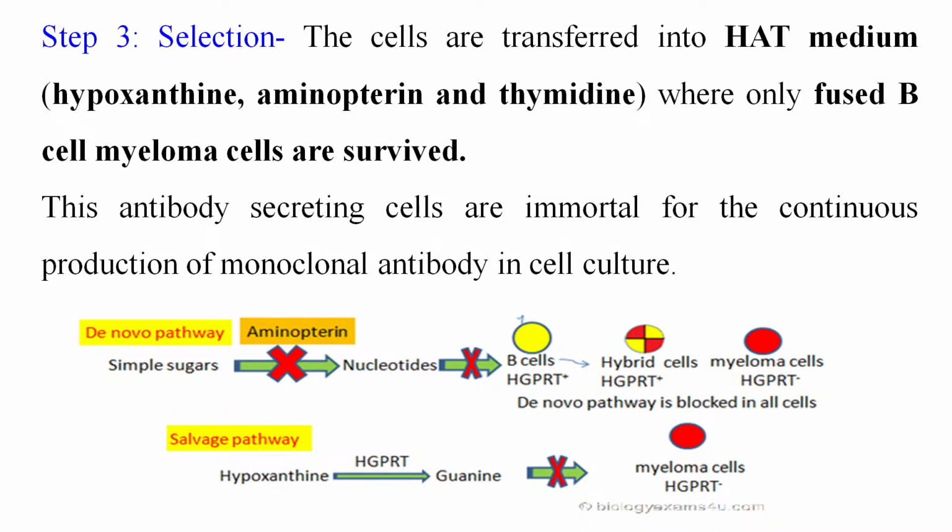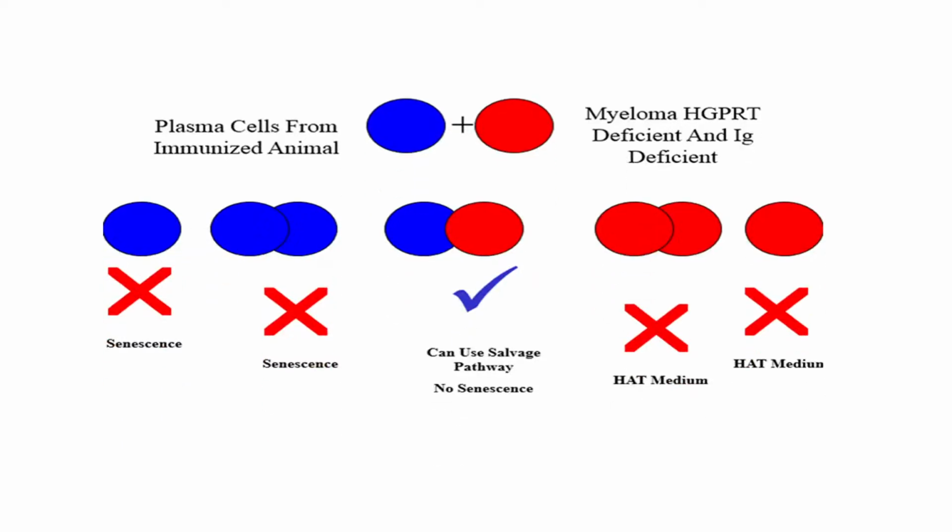So what are we left with? We are left with hybridoma cells, which have the HGPRT enzyme from your B cells and the immortality character from your myeloma cells. So of all the 5 types of cells that we were discussing earlier, only your hybridoma cells can survive in HAT media.